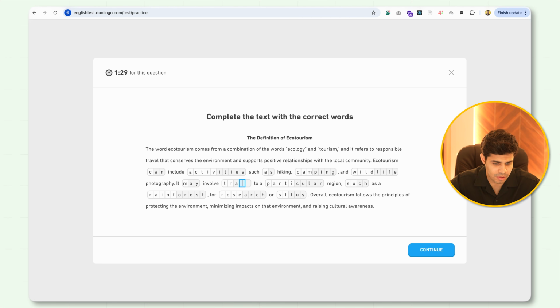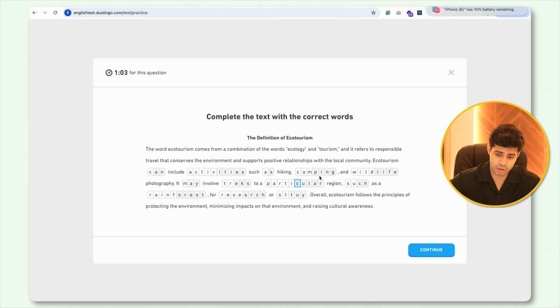But this is not travel then. So what is this? It may involve tryst. I don't know. But tryst is, I think that's with a Y, and that's a separate thing. That's like an endeavor. So I don't think this one makes sense either. And tryst would be a bit difficult for Duolingo, to be honest. It may involve, I don't know, treks to a particular, yeah, that makes sense.